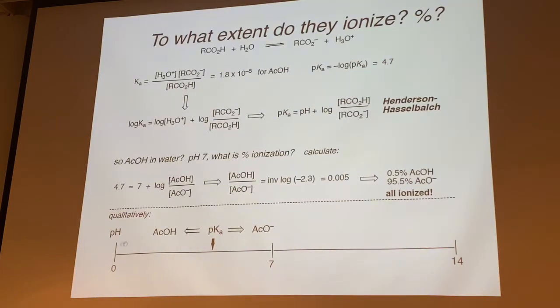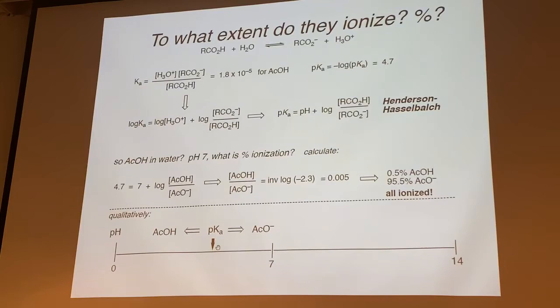Anything below 5, more acidic, is what? Acetic acid, okay? A 0 pH means 1 molar hydronium ion. That's very strong acid concentrations. But at neutral water, you have low concentrations of both acid and base, but you have enough base to deprotonate there, and it's essentially all ionized, okay?